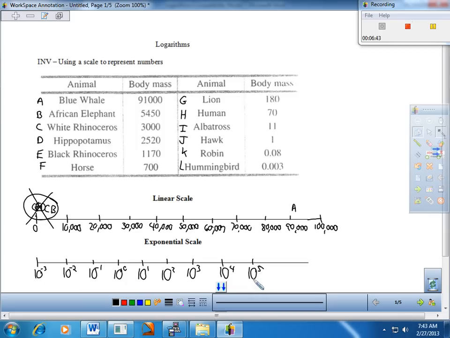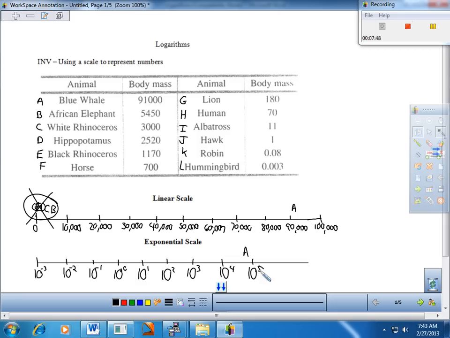So I'm hoping you would agree that 91,000 is obviously in between 10,000 and 100,000, closer to the 100,000. If I'm going too fast for you, my apologies, but I think that blue whale has to go right about there. At 91,000, it's just below 100,000, and that fits pretty nicely right in there.